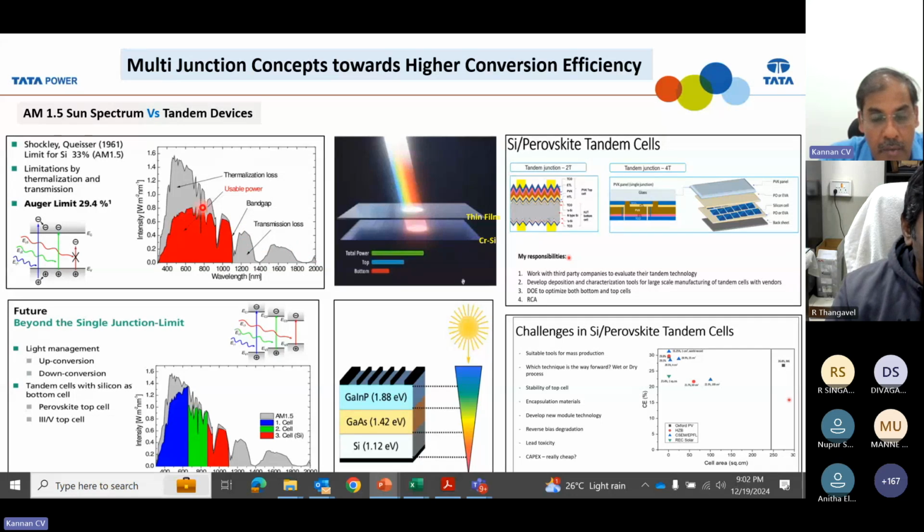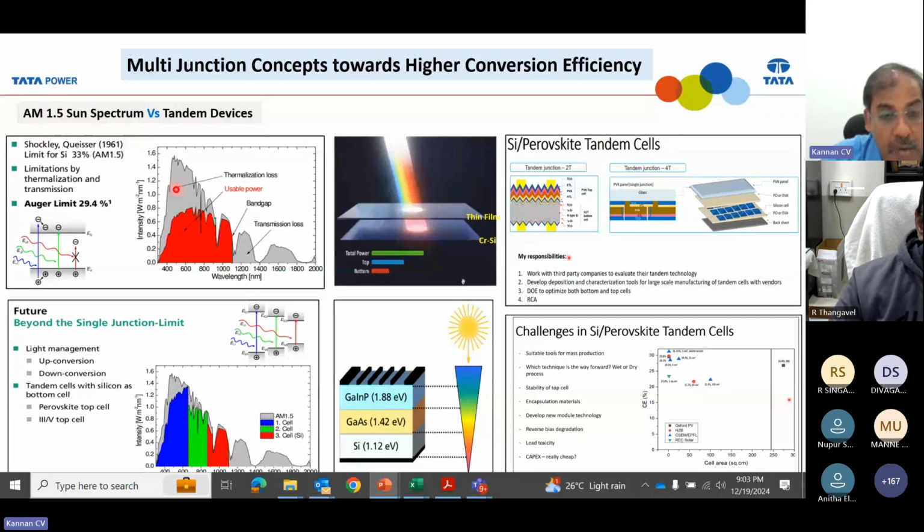On the ultraviolet side, there is a huge amount of UV in the sun spectrum, but silicon works only in its own range and does not effectively convert this light into current.